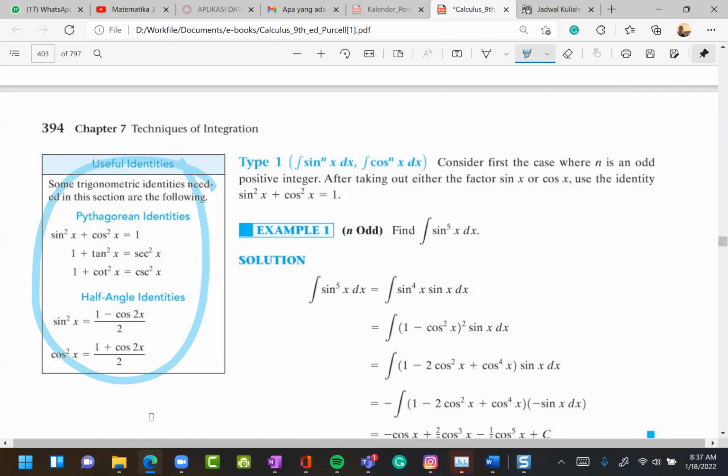Pythagorean is just this one here. Sine square plus cosine square. Or this is also Pythagorean. So 1 plus tangent square is secant square. Or this one. 1 plus cotangent square is cosecant square. Okay. Actually, you just need this one actually. You can derive the others from that one.